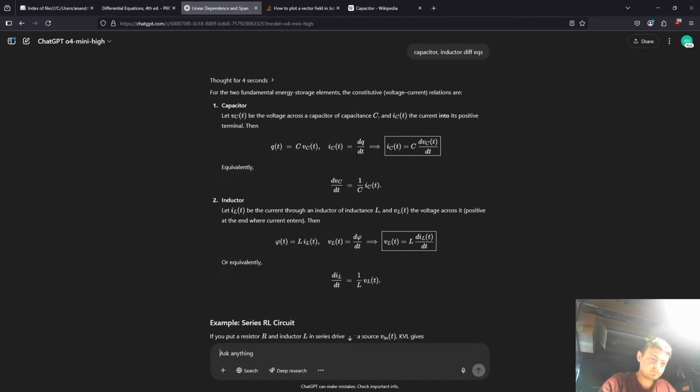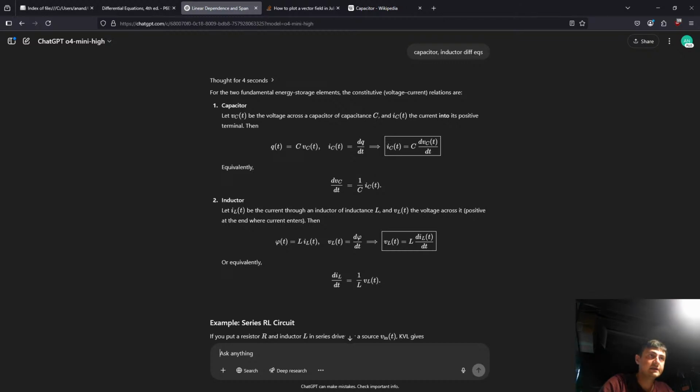Okay, yeah. So for a capacitor, dVC/dt is equal to I of t over C. I always have to reason about these for so long.